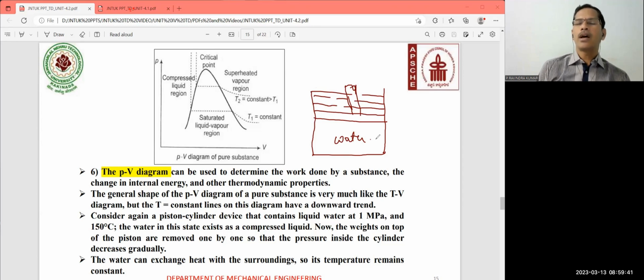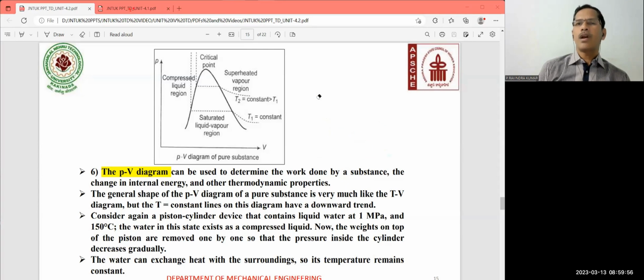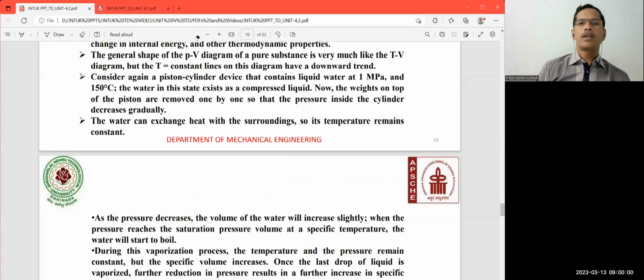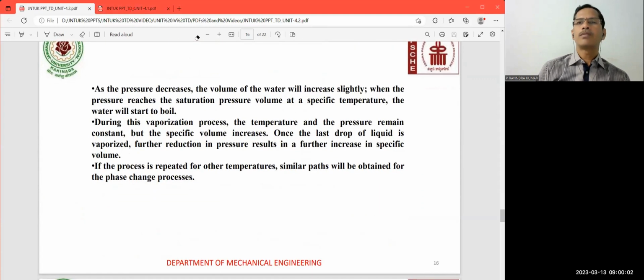If you go on adding weights, the pressure increases. If you go on removing the weights, the pressure decreases. So this is all about the PV diagrams, and various varieties of PV diagrams are there.